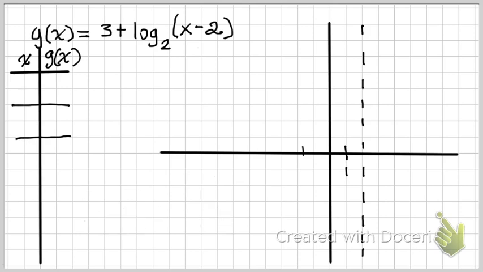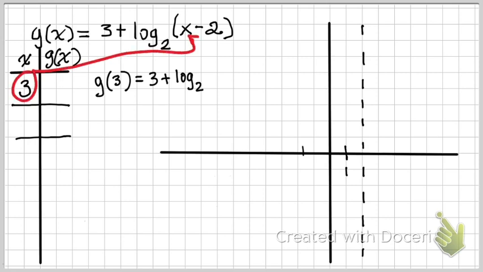If you understand how logs work, you would like a value of x such that the argument, the value that we're doing the log of, is 1. So let's look at what happens there. G of 3 is equal to 3 plus log base 2, and then when x is 3 here, that's going to be 3 minus 2.